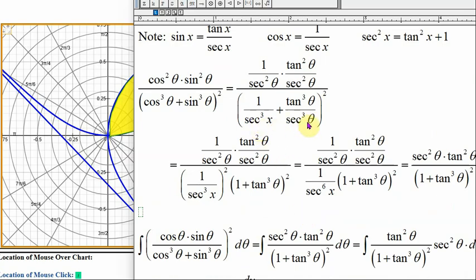The common denominator here is secant to the third, and we have a power of 2 here, so we can rewrite this as 1 over secant to the 6, and what's left inside is 1 plus tangent to the third of theta, squared.